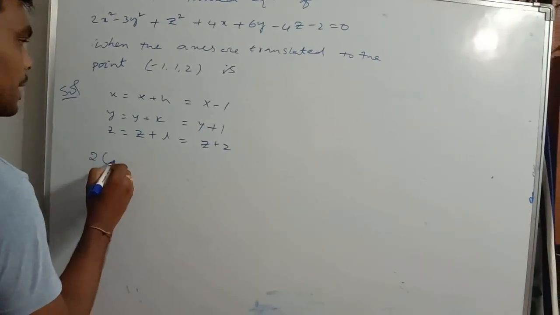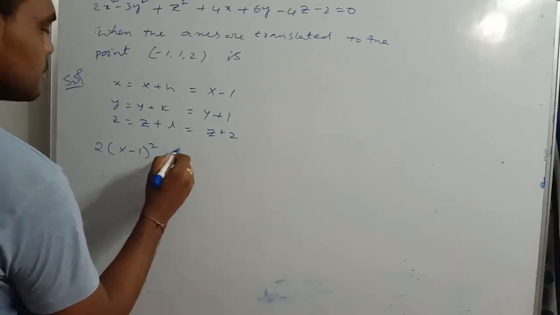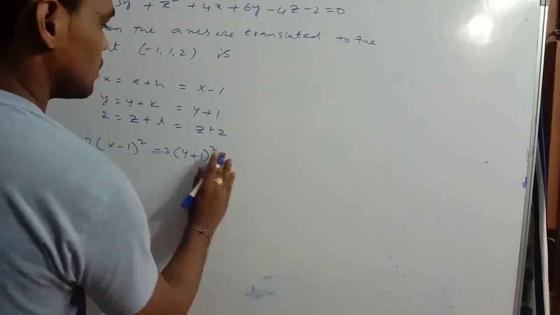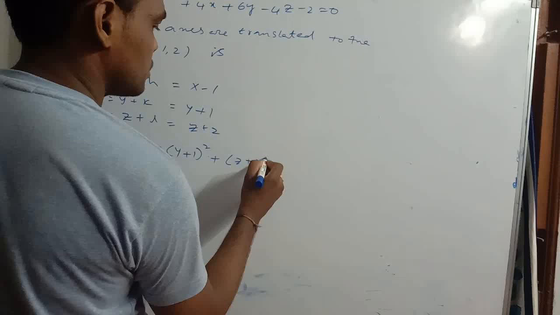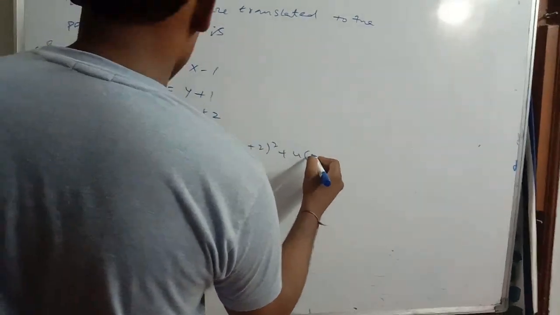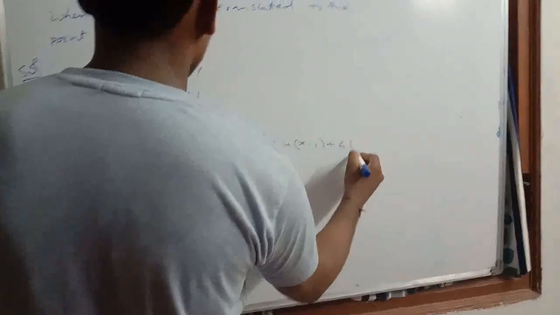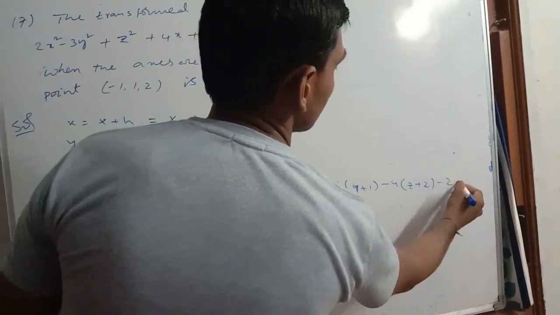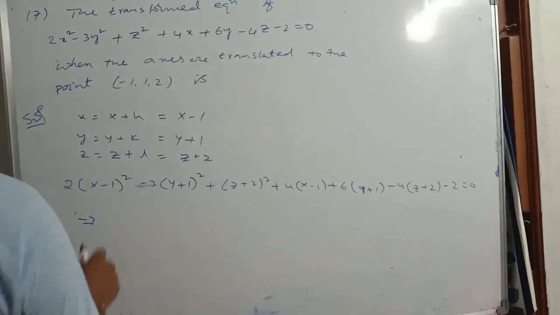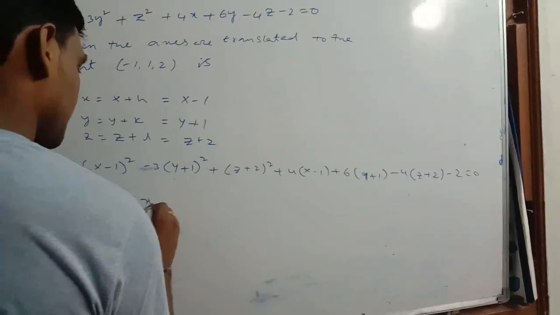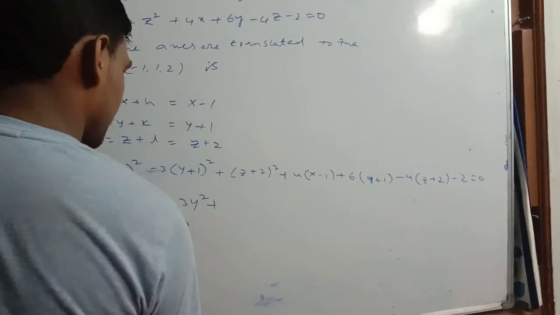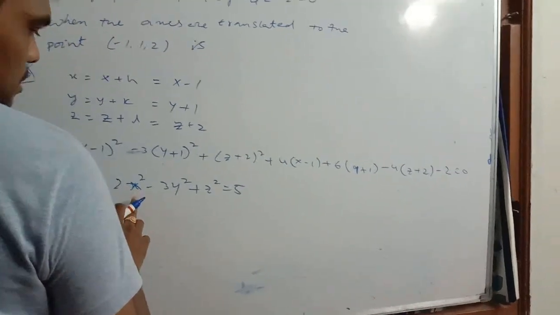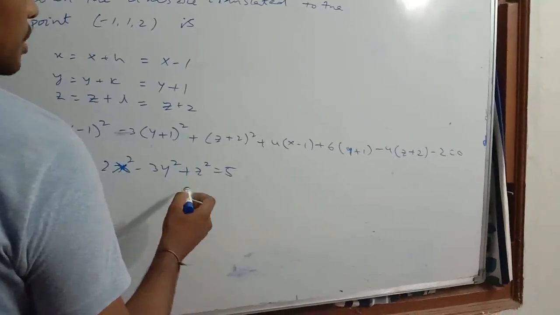Now we have 2(X − 1)² − 3(Y + 1)² + (Z + 2)² + 4(X − 1) + 6(Y + 1) − 4(Z + 2) − 2 = 0. Simplifying, we get the equation 2X² − 3Y² + Z² = 5.